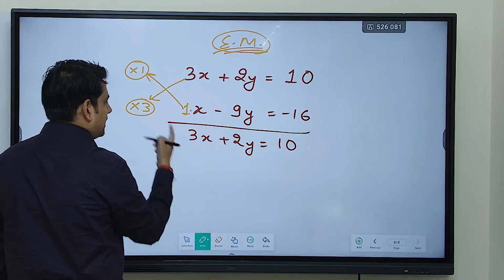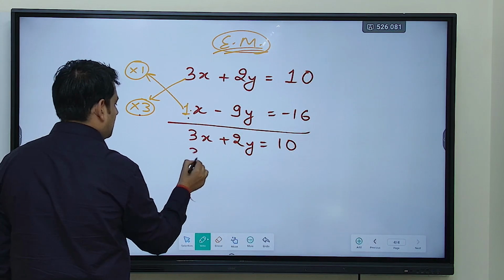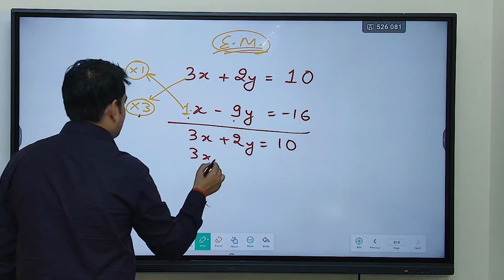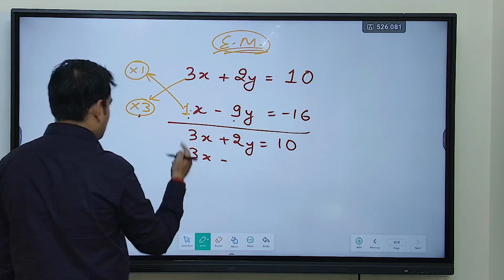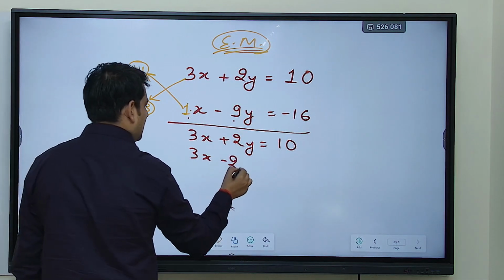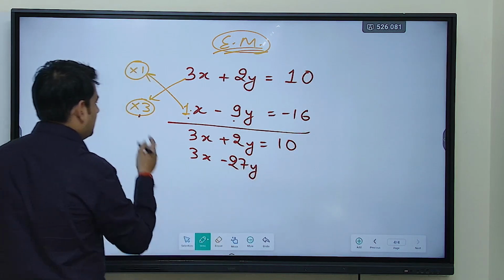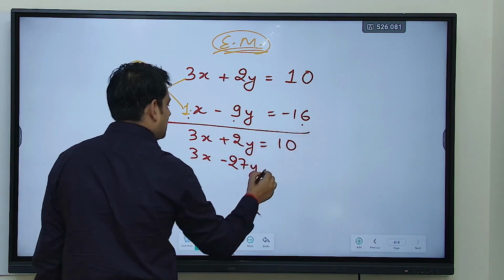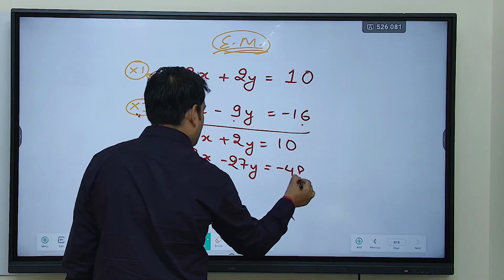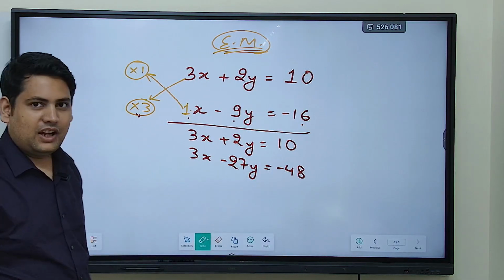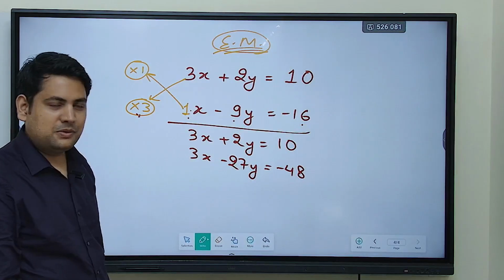And multiplication by 3 will give you 3 into 1 is 3x, 3 into -9 will give you minus 27y. Then 3 into -16 will give you minus 48. Understood?